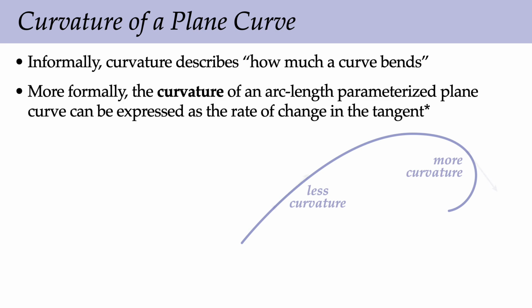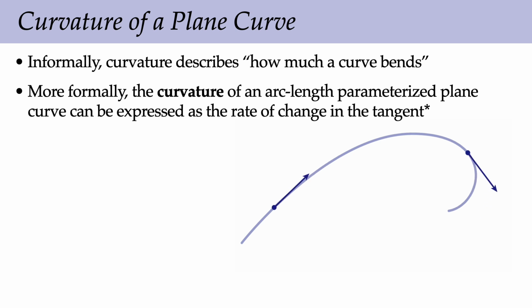Well, more formally, the curvature of an arc-length parameterized plane curve can be expressed as the rate of change in the tangent. So you can imagine if I'm really walking along this path and carrying an arrow that has to stay aligned with the path, the curvature is just how quickly I have to turn to keep this arrow aligned. Okay?